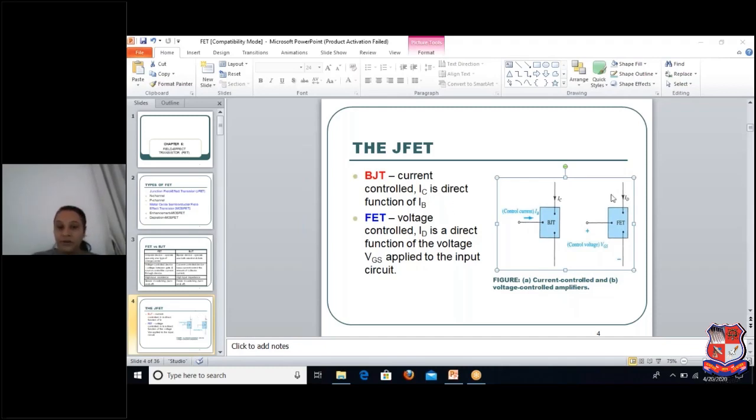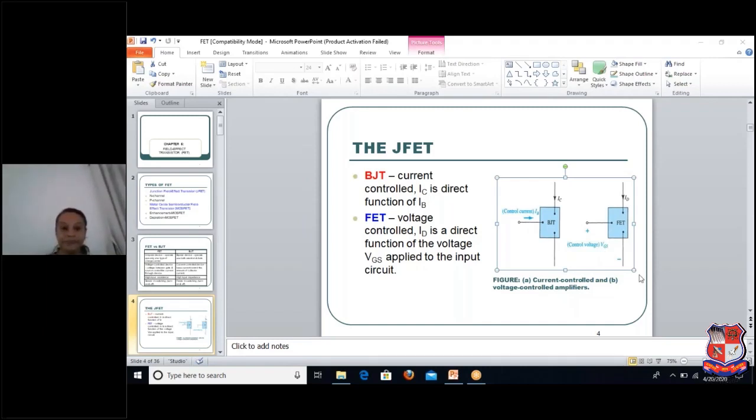One terminal is known as the drain terminal, where the plus sign is indicated. Another is the gate terminal, and this one is the source terminal, right?